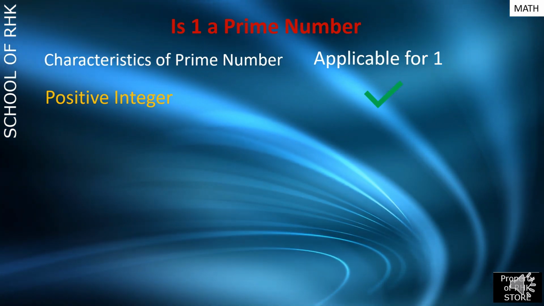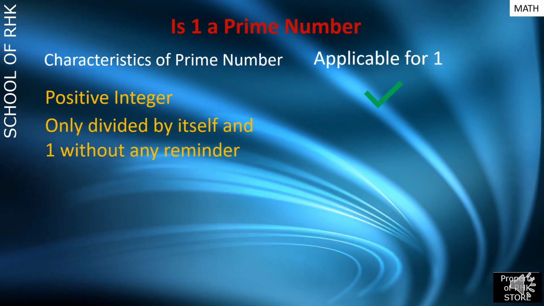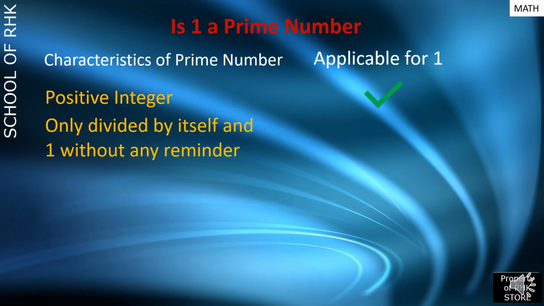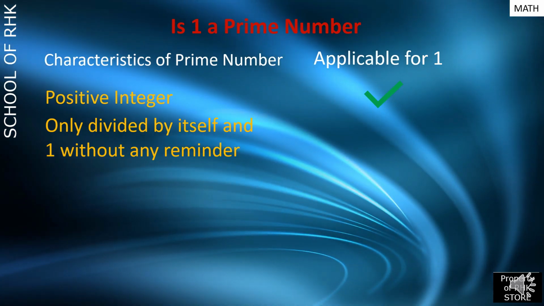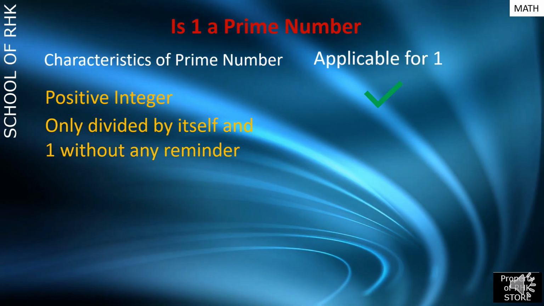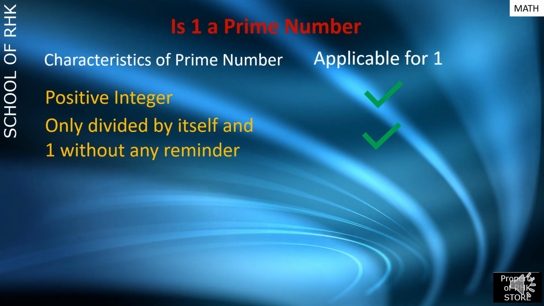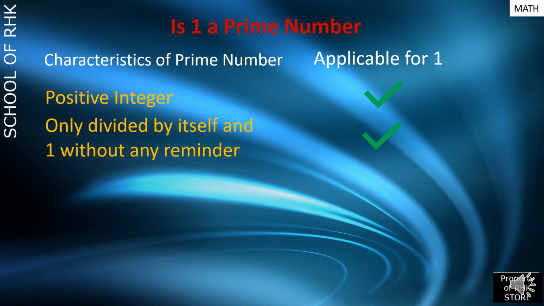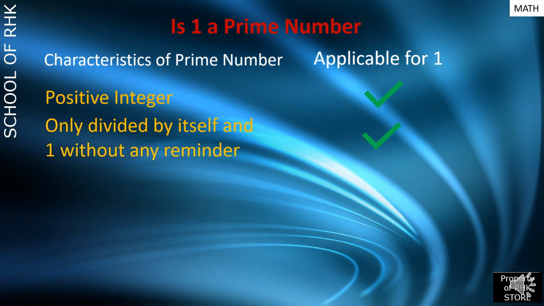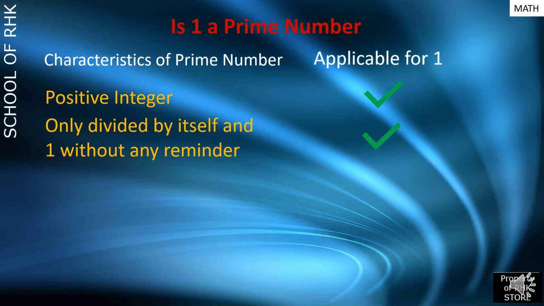The second characteristic of a prime number is that it will be divisible without any remainder only by itself and 1. Dividing 1 by itself and 1, it does not have any remainder. So it complies with the second characteristic of prime number.